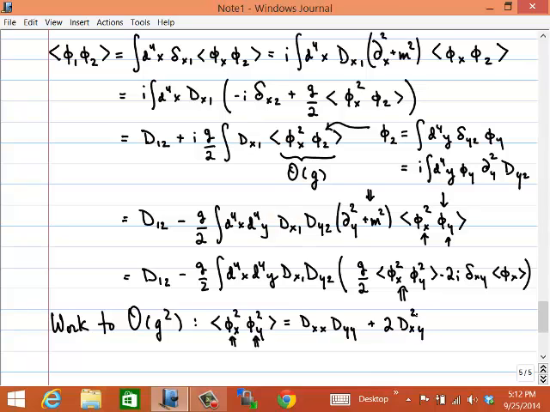Of those 3 different terms, 2 of them are the same. Basically, there's 2 different ways of contracting the x's with the y's in this 4-point function. And then there'll be plus correction terms which vanish when the coupling is small, or is taken to 0. So if you're only working to order g squared, you could just take this expression and plug it into here, and that would give you one contribution to this two-point function.